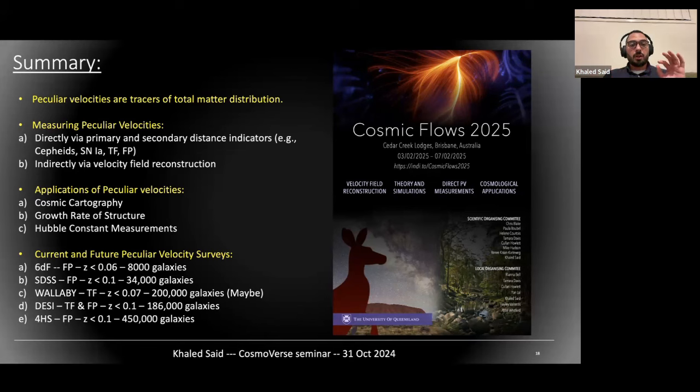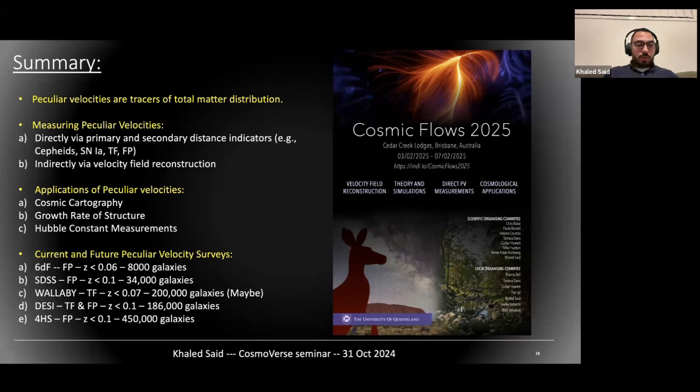You can measure it with peculiar velocities at very low redshift, and at very low redshift this is an exclusive region to peculiar velocity. You cannot do this with RSD or anything else. You can only measure the growth rate of structure at low redshift using peculiar velocities, and that's where the models actually deviate, and that's where you should measure your growth rate.